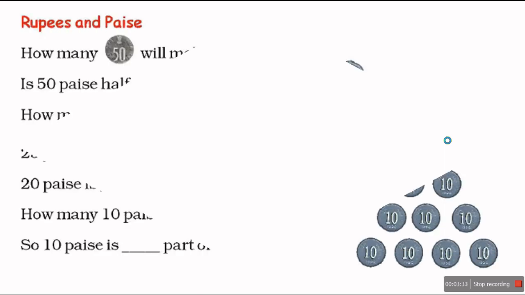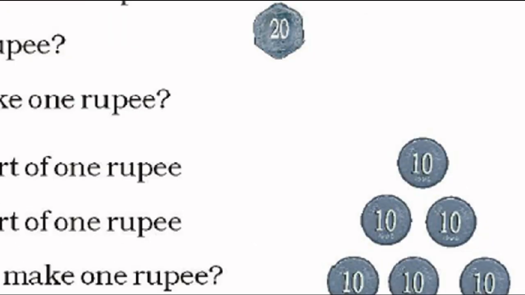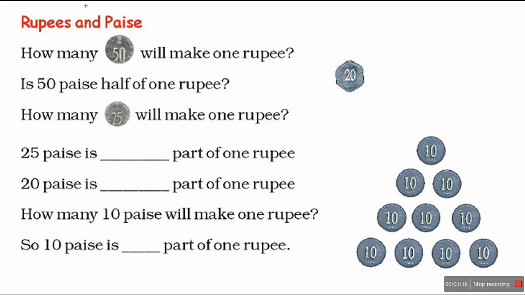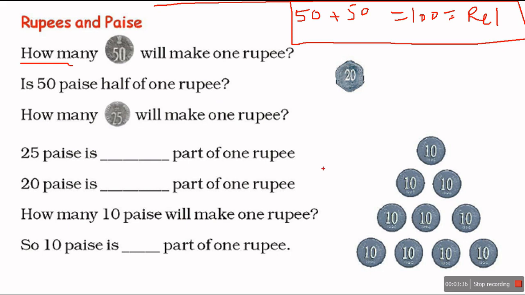Now see. How many 50 paisa will make 1 rupee? So I just told you 50 paisa plus 50 paisa is equal to 100 paisa, which is 1 rupee.